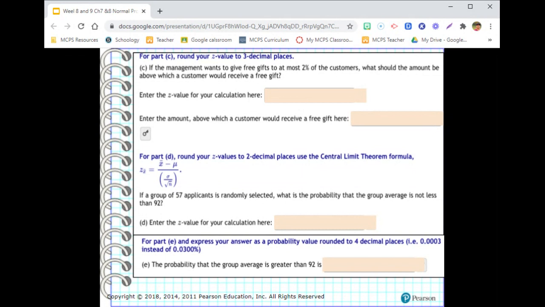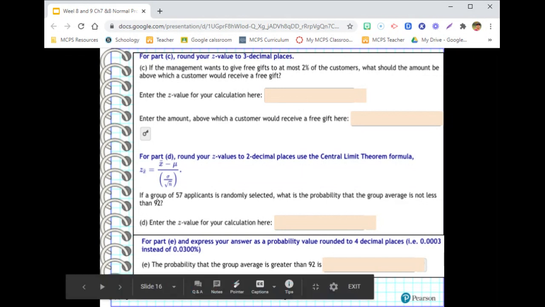For part D, round values to two decimal places, use the central limit theorem formula. If a group of 57 applicants, this is going to be our sample size, the N, is randomly selected, what is the probability that the group average is not less than 92?